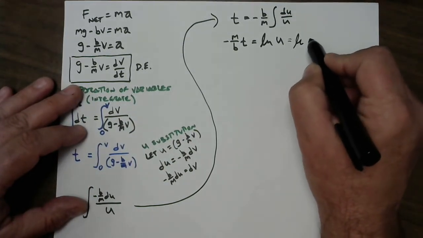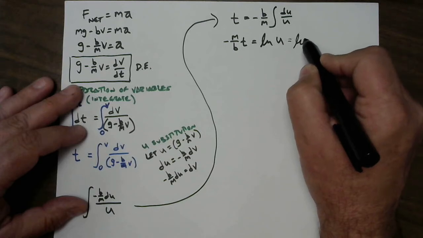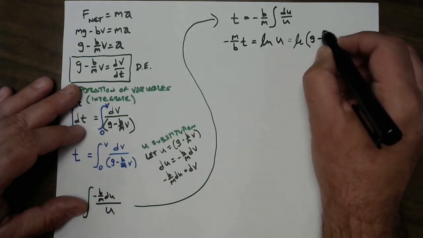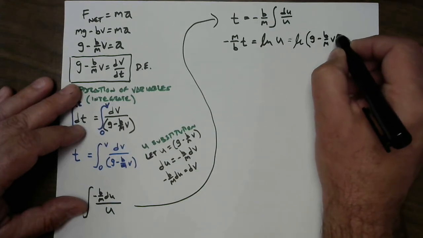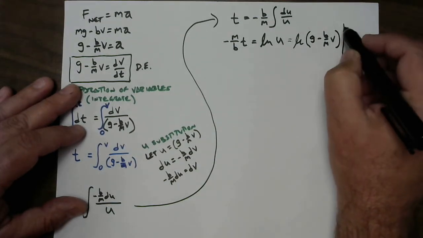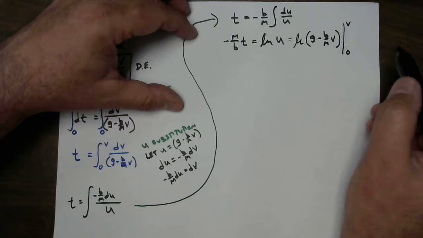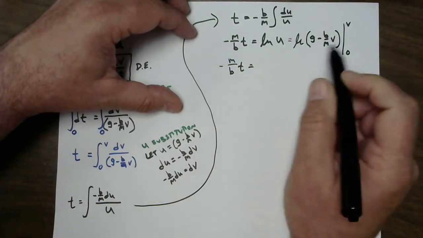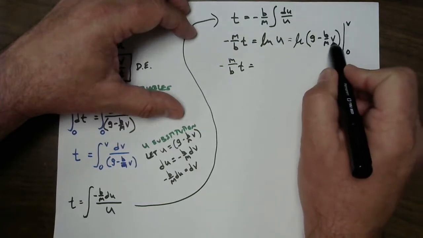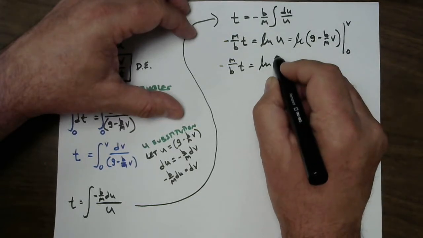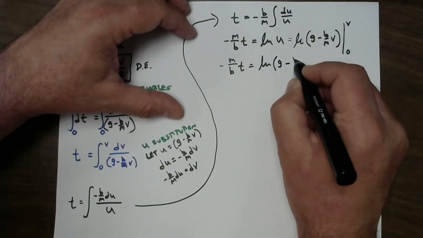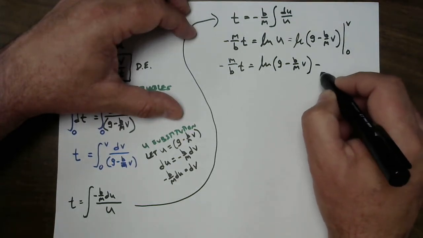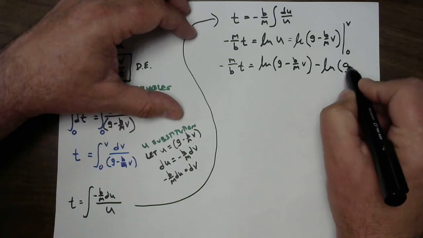So that's the natural log, I'm sorry, that's like my signature, of g minus b over m times v, and that's going to be evaluated between 0 and v. Okay, one more line. We're just doing algebra, just doing math here. Putting in v here, we're going to have natural log of g minus b over m times v. Putting in 0 here, minus the natural log of g.